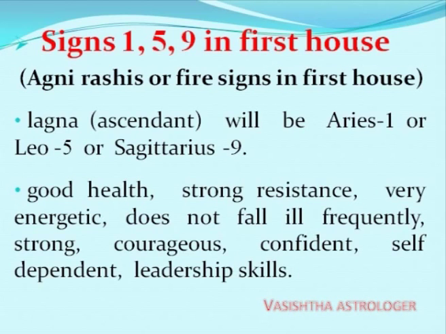If the Lagna of the person is Aries or Leo or Sagittarius, then you will find one of these signs in the first house of the horoscope. The person with Agni Rashi as Lagna enjoys good health, has strong body resistance.